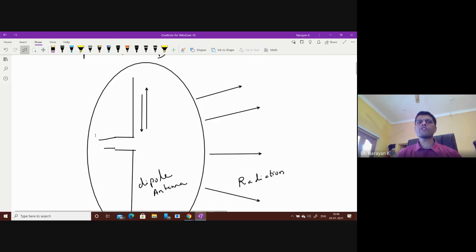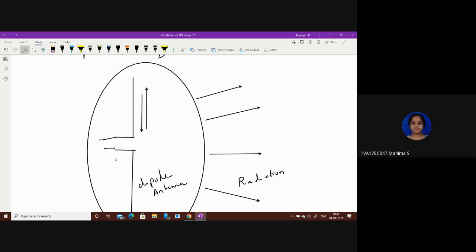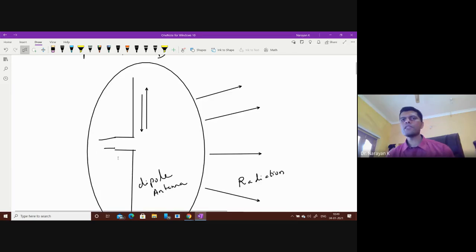Okay, that is your electrical circuit up to the dipole antenna part. Do you agree? Yes, sir. Okay. Now there is something here. Wait, I'm trying to delete this.